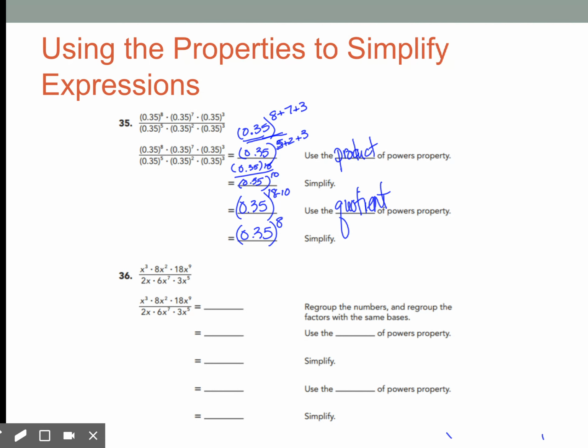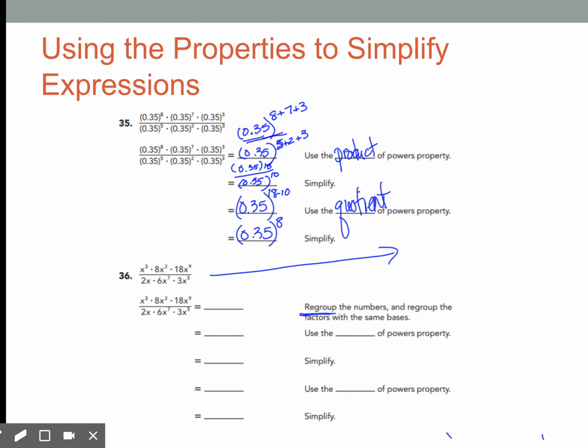All right, number 36 here. We have a lot to write, so I'm going to write it off to the side over here, just because I want to have enough room for all these steps without scrunching it too much for you. So first step, because I do have coefficients and variables, I'm going to regroup. That means I'm going to break it down, separate the coefficients, and separate the variables.